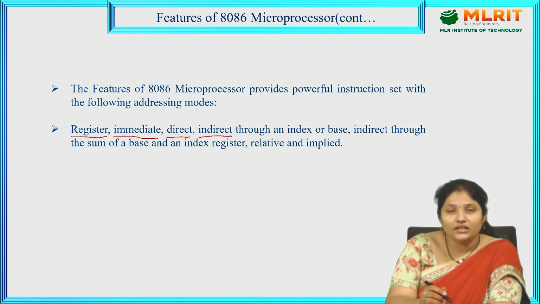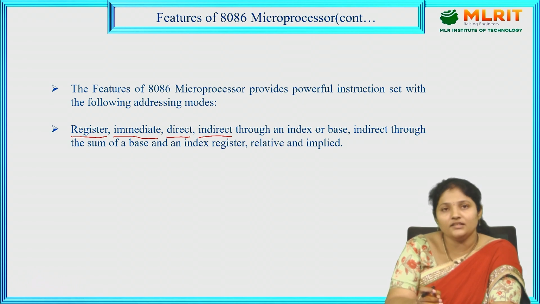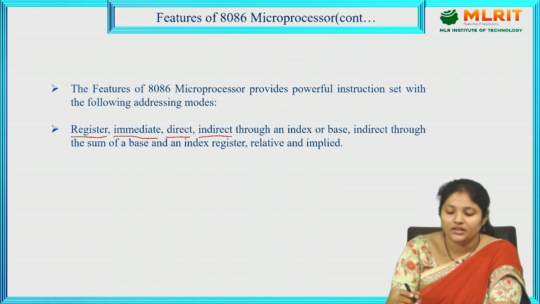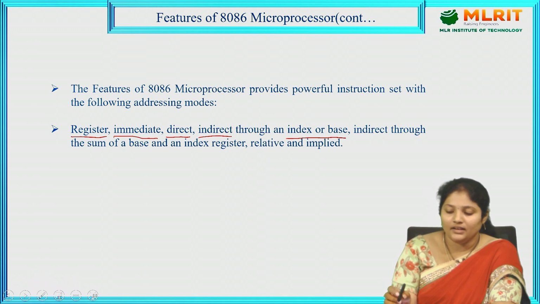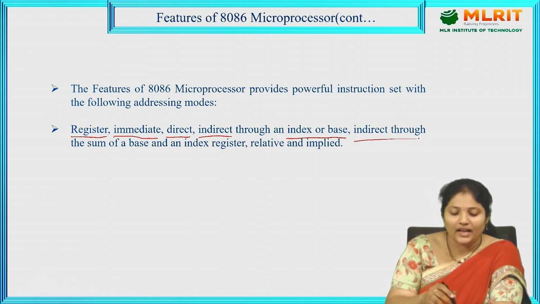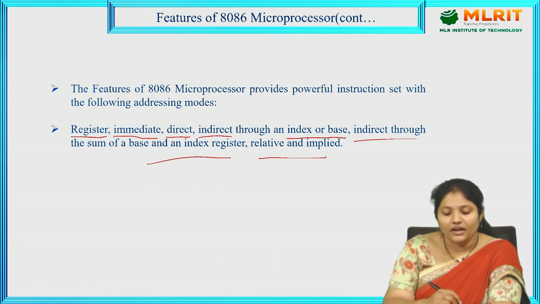In indirect addressing, we give the address which is already stored in a register or memory. And indexed base addressing modes are used to calculate the 20-bit address, which 8086 will calculate. There are also based indexed, relative, and implied addressing modes. I will address these addressing modes in a separate topic after the architecture of 8086.